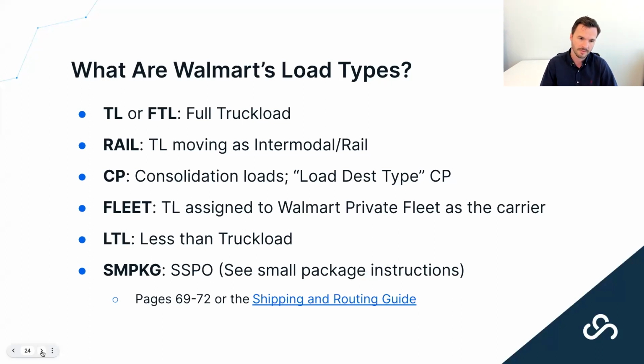So I recommend pages 69 through 72 on the PDF, or in the actual document itself. It might be a different page number depending on which PDF you're downloading. But pages 69 through 72 of the shipping and routing guide will give a little bit more detail on small package. You can see that referred to as SMPKG or SSPO, depending on the context.